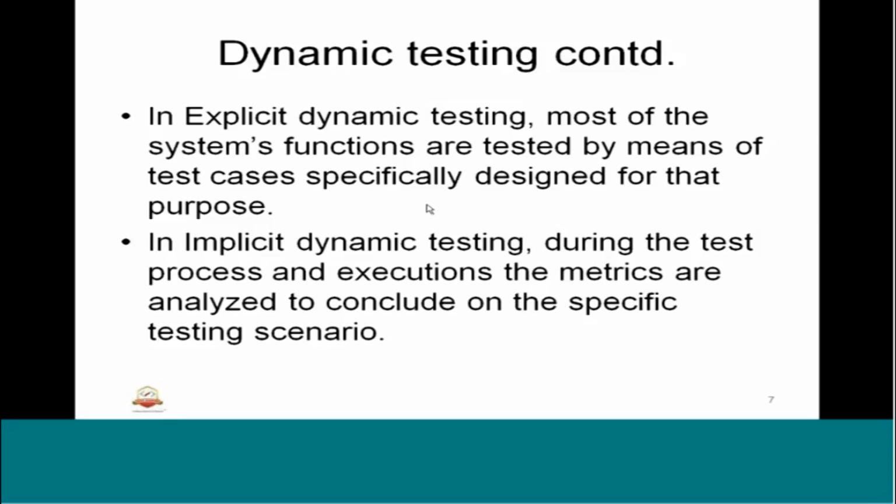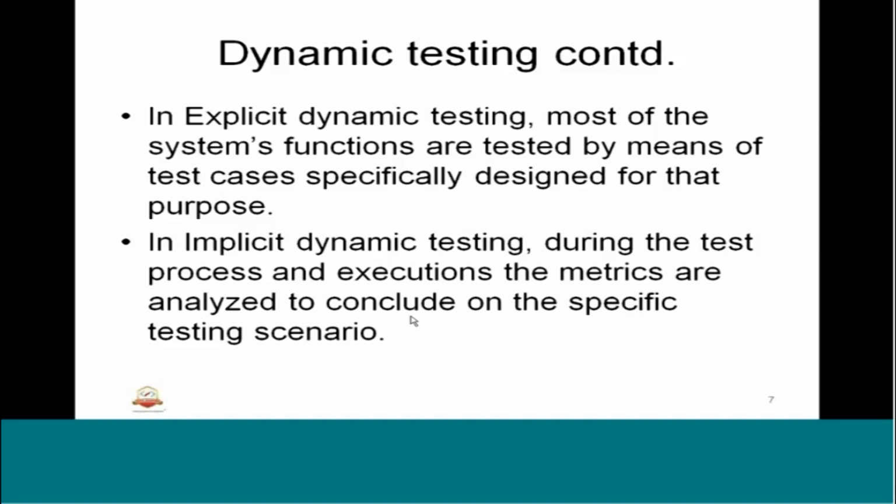In implicit dynamic testing, during the test process and execution, the metrics are analyzed to conclude on the specific testing scenario. That means while testing some methods or strategy, we may come across some execution details or some outputs, partially or fully.